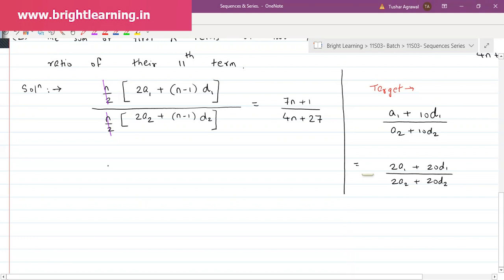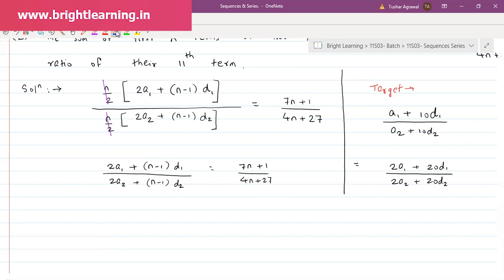This is my target. Comparing it with the information we have at hand, twice A1 plus n minus 1 D1 upon twice A2 plus n minus 1 D2, which is 7n plus 1 upon 4n plus 27.